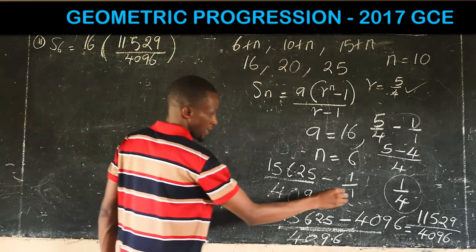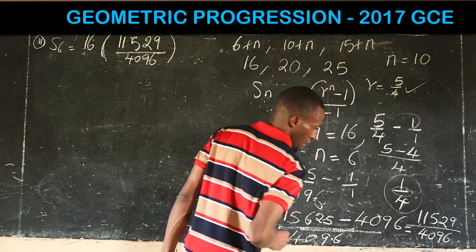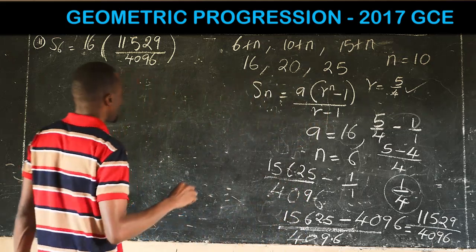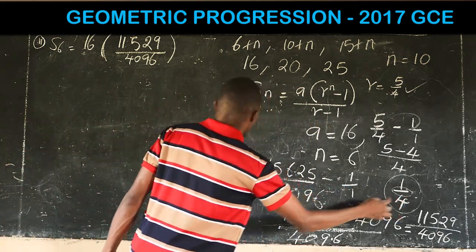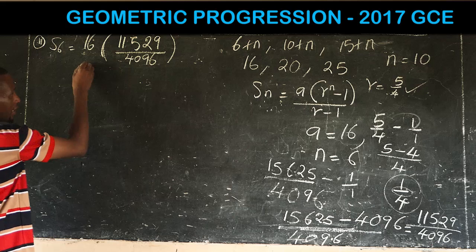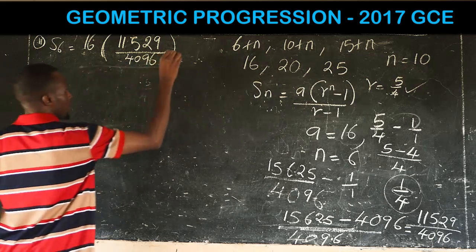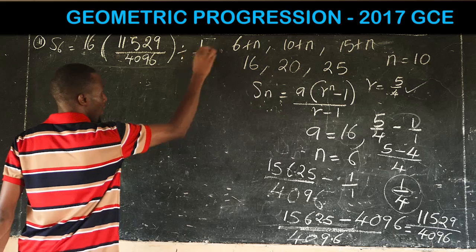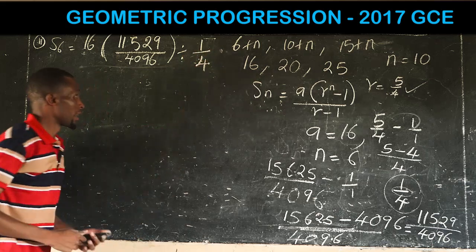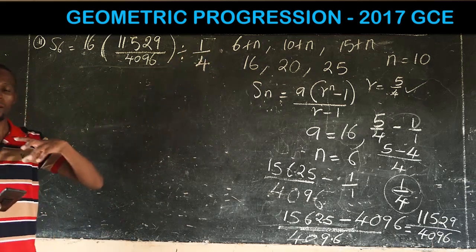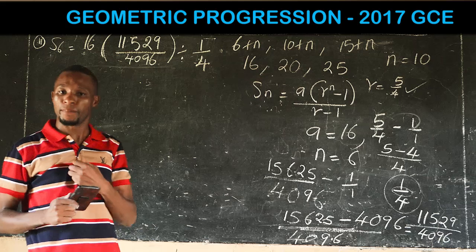Instead of writing this type of division in vulgar form, we're going to say divided by 1/4. The reason I'm introducing this, I want you now to get it, what will happen.